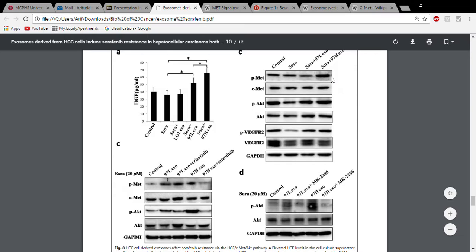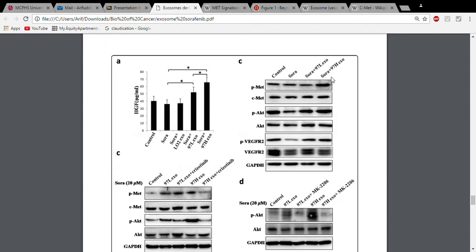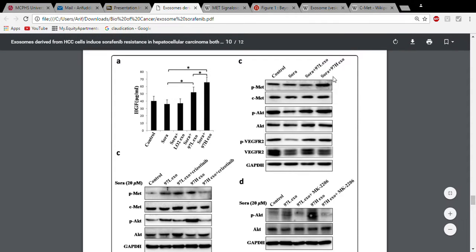So that means there's a higher amount of phosphorylated MET in the presence of sorafenib and the 97H exosomes when compared to just sorafenib. If you compare these two right here, there's a higher amount in the 97H exosomes. So that implies the 97H exosome is activating the MET AKT pathway.